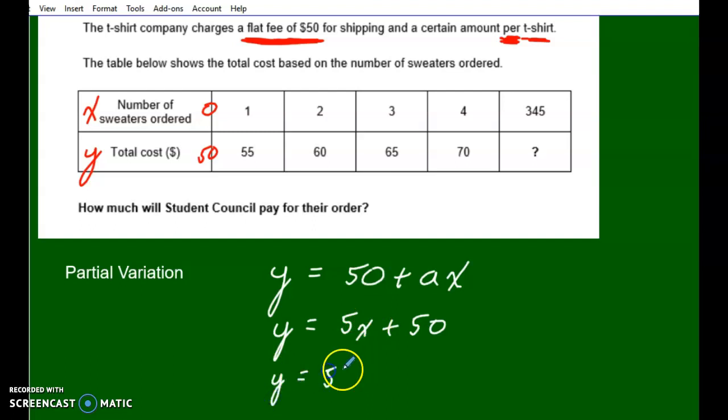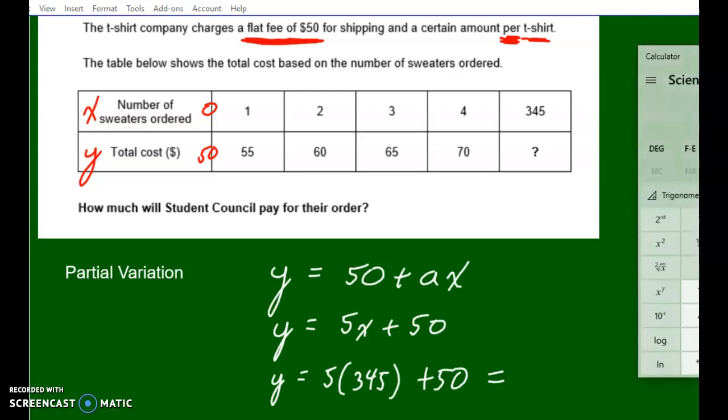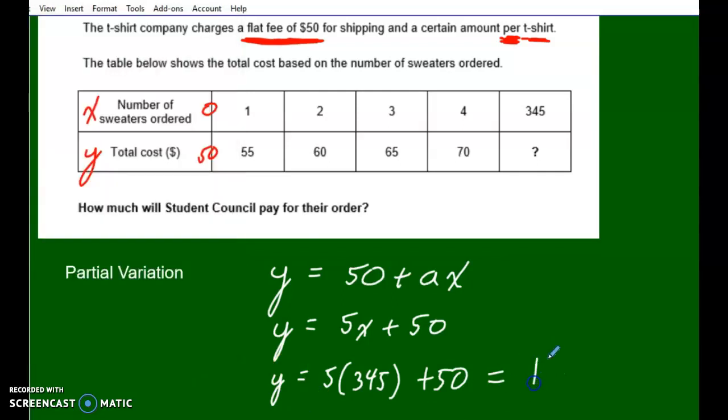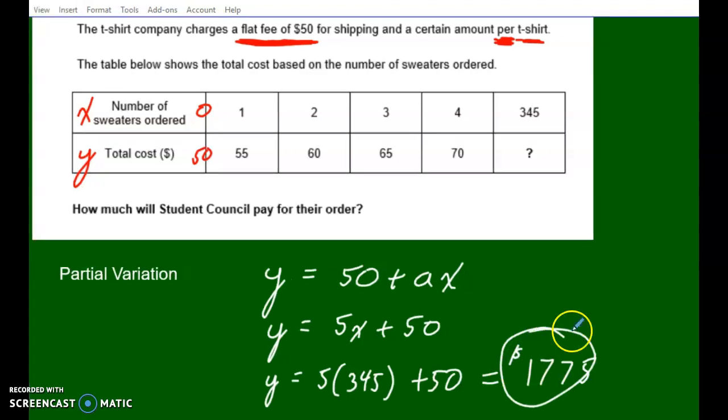So $5 for 345 t-shirts plus the $50 flat fee, and that's going to be, just multiply 5 times 345 plus 50 equals $1,775, and that's your answer. Okay, that's your answer.